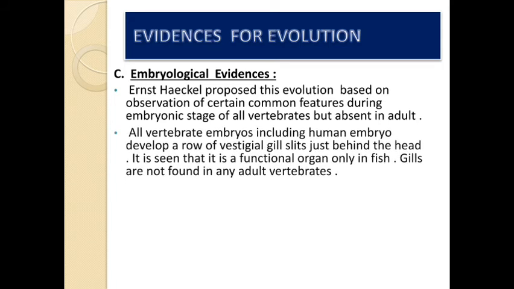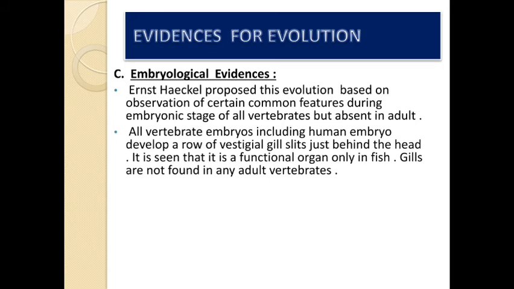Then, my dear students, all vertebrate embryos, including the human embryo, develop a row of vestigial gill slits just behind the head. It is a functional organ only in fish, but in a later stage it disappears with the passage of time, and it remains only in fishes.